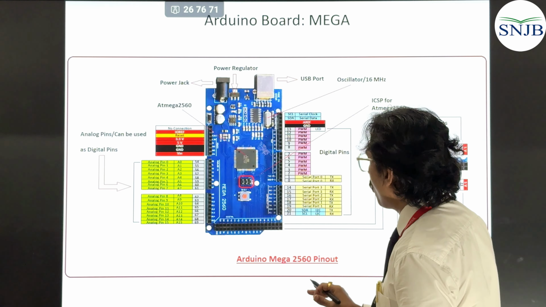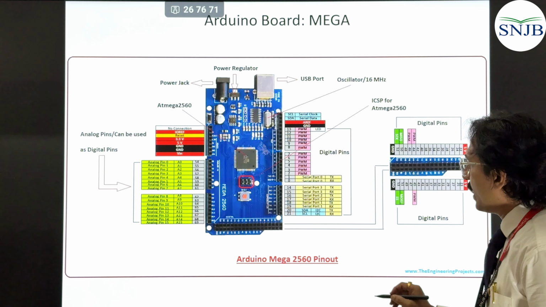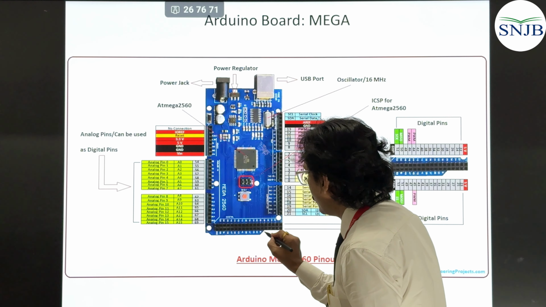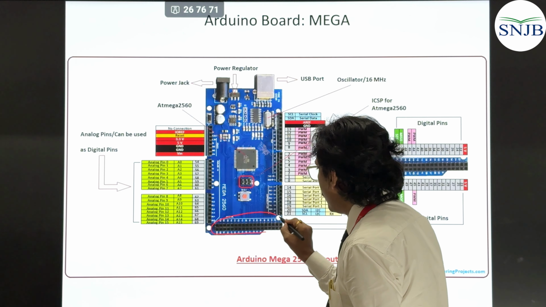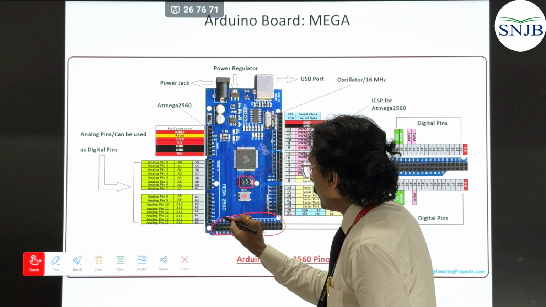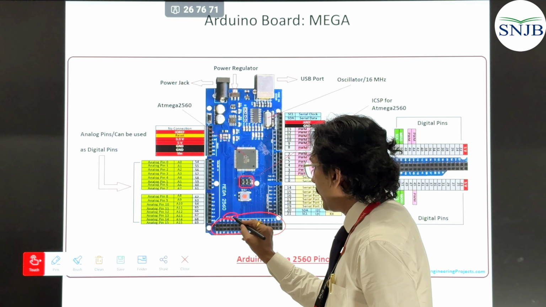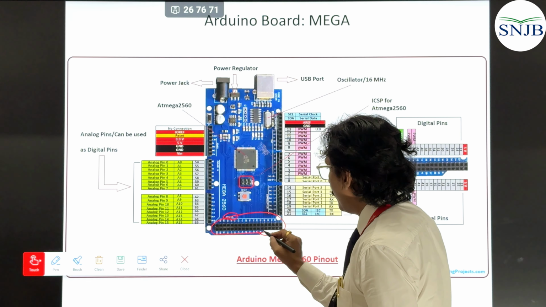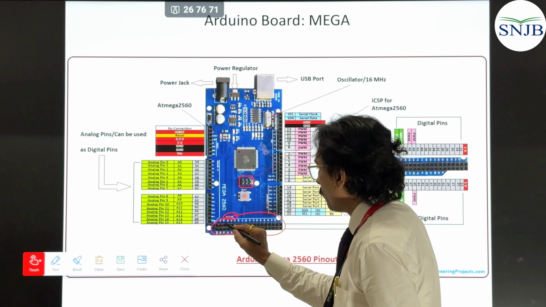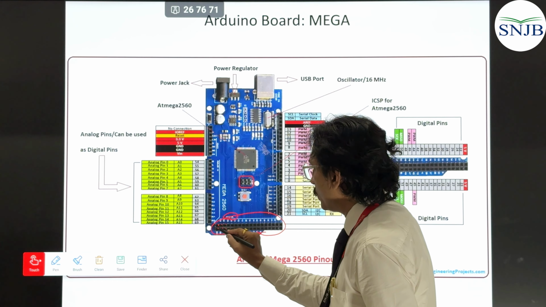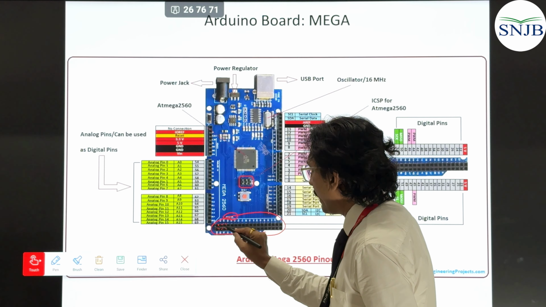As far as this board is concerned, it has these slots. Here, digital is written, and digital means it has this number of slots, for example 1, 2, 3, 4, 5, 6.